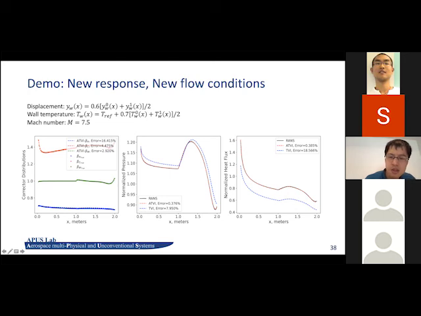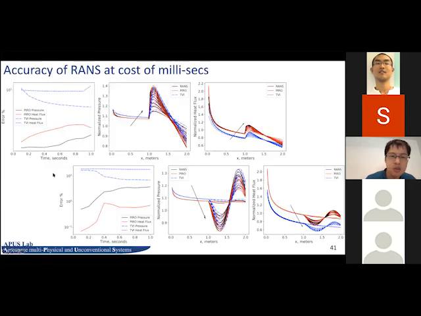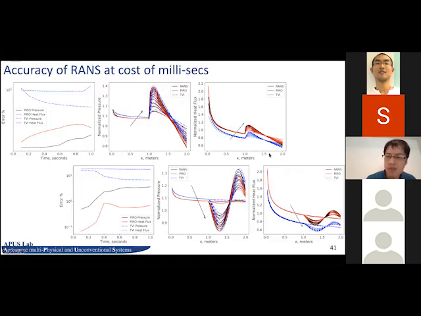And now with this new model, which we call the ATVI model, we are able to couple it to the structural and the thermal solver to reproduce this kind of aerothermoelastic response. Here I'm just showing two quick examples where we considered these two cases with varying boundary conditions, which is not quite doable by the conventional surrogates.